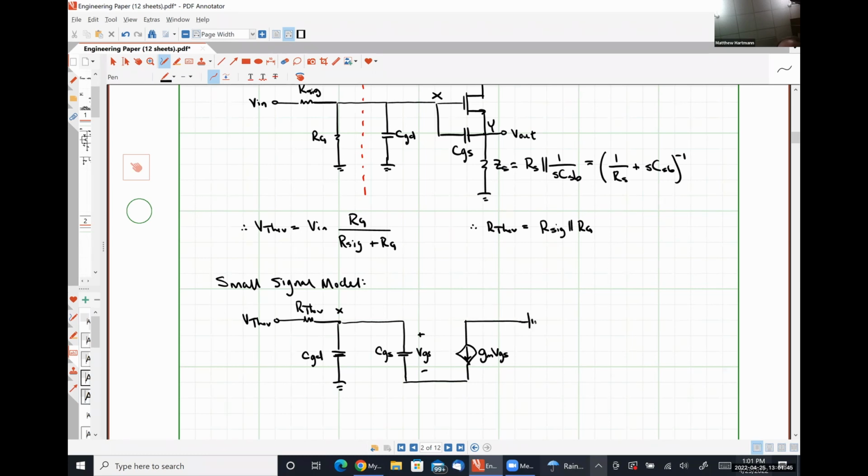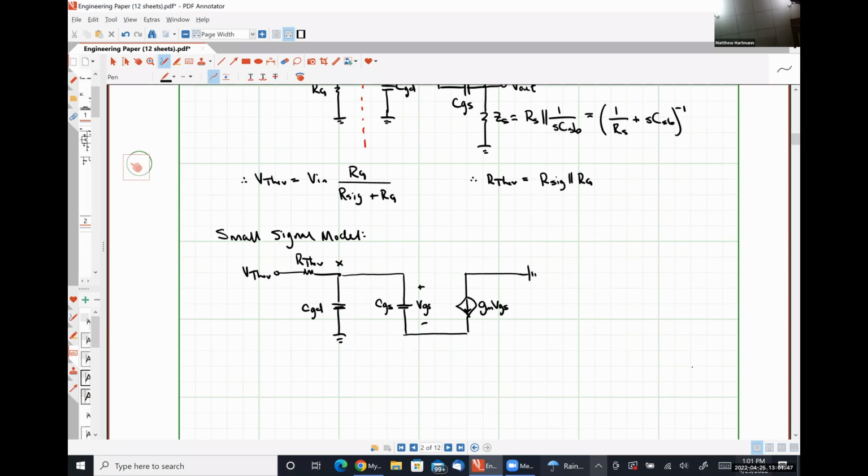My drain serves as a small signal ground, and then connected between my source, I'm calling node Y, and ground, I have that impedance ZS. And then my output voltage, V out, is the potential difference between my source node and ground, which is the same thing as the voltage drop over my impedance ZS. So are we comfortable with this small signal model?